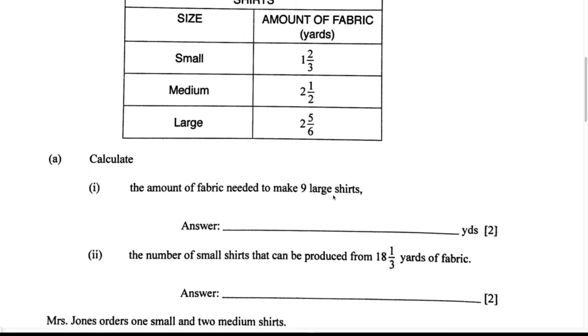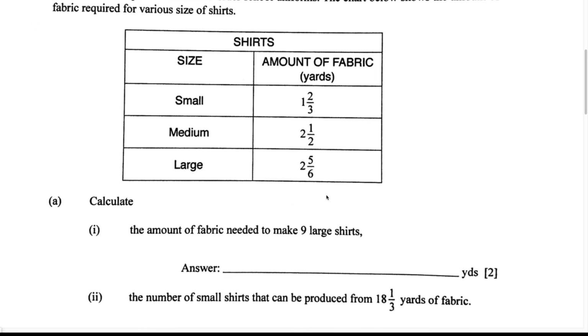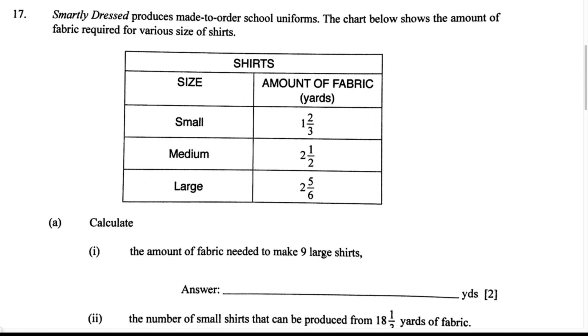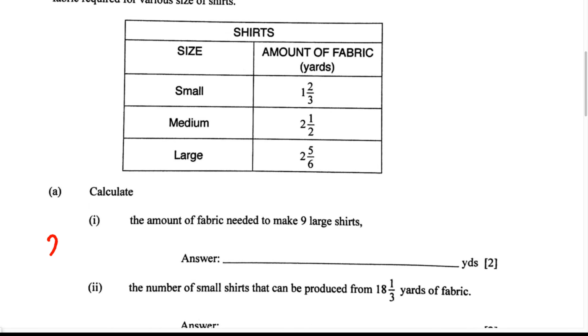So what we want to do is find out how much fabric it costs to make 1 large shirt. So if we look at our table, for a large shirt, it takes 2 5/6 yards of fabric to make this shirt. Because we know how many yards of fabric it takes to make 1 large shirt, we're just going to multiply that by 9. Therefore, we're going to say 2 5/6 multiplied by 9, because we need to make 9 large shirts.